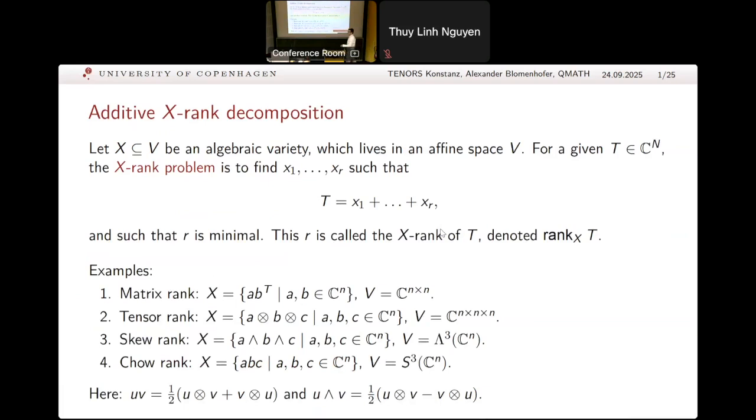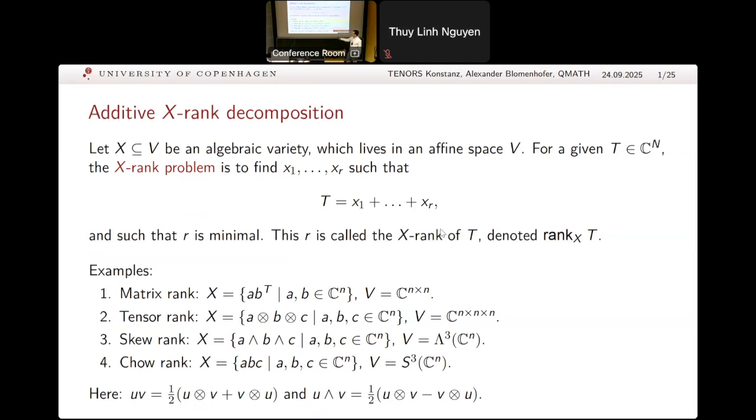But in principle, you are allowed to consider all kinds of varieties. And then we look at this problem to write a tensor as a sum of R elements of X. So we have a variety and we look at sums of elements of X. So clearly this lives in the span of X, yeah?